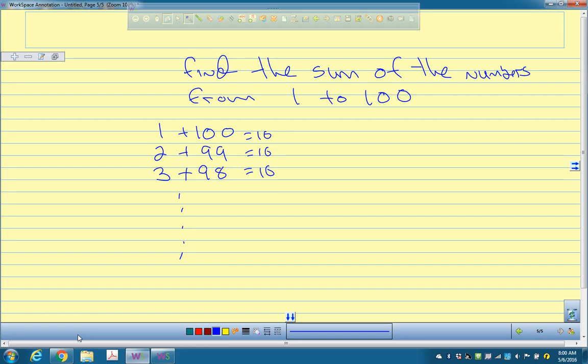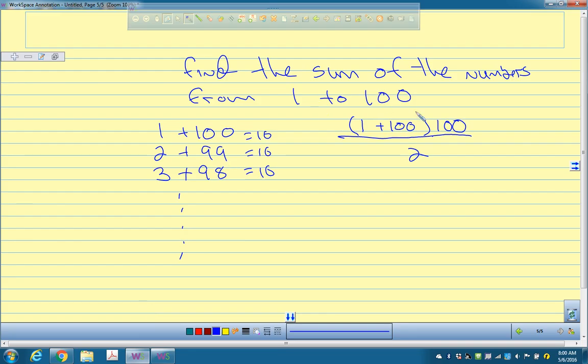So that's basically what Rene Descartes did. He said, if I take the first term and the last term and add them together, and then multiply by how many terms there are, which was 100, and divide by 2, because I'm not doing it for every number, I'm doing it for every other number, then I would get the sum of the first 100 numbers.